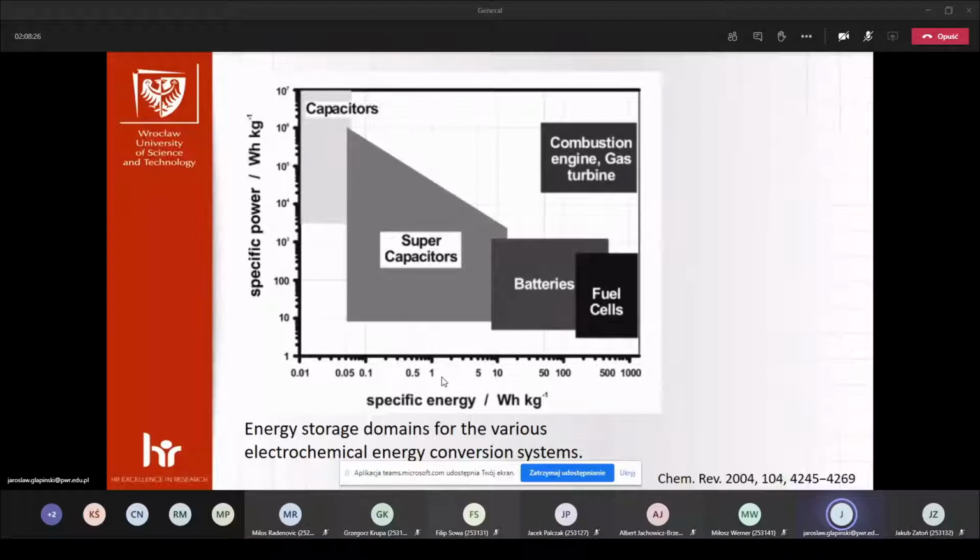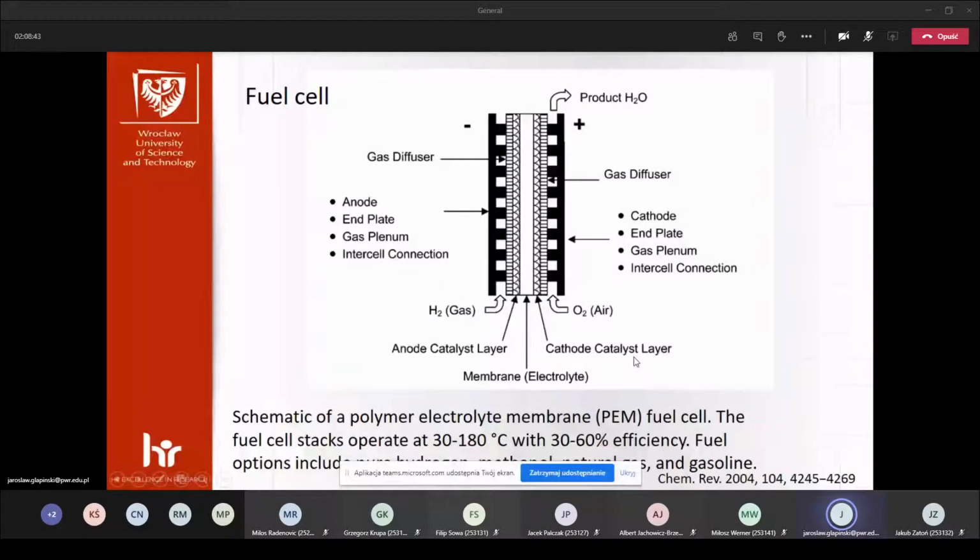So in 10-15 years, we will have the problem of lithium batteries. But electricity will come. So these were examples of how electrical batteries, electrical accumulators work.